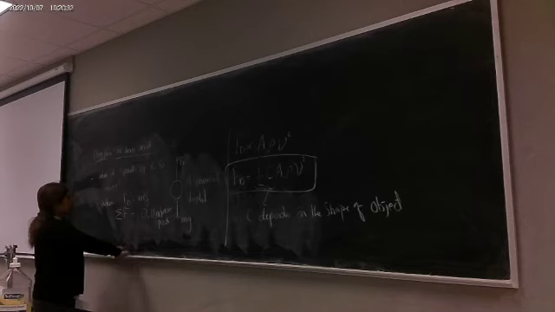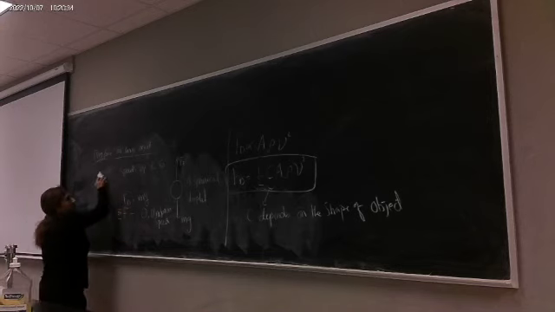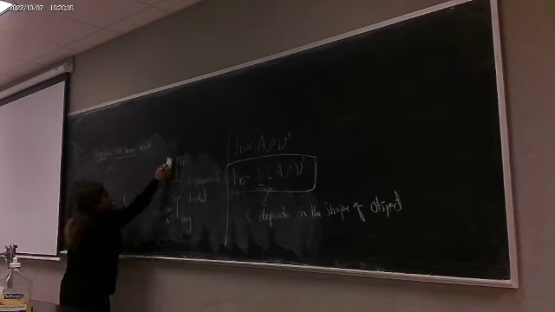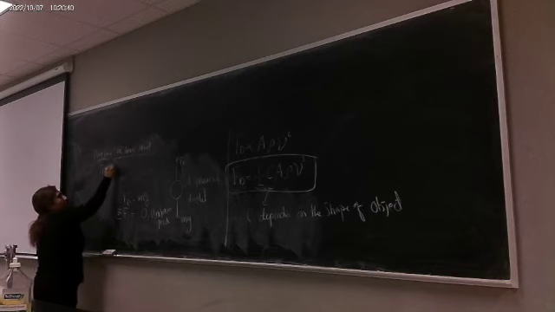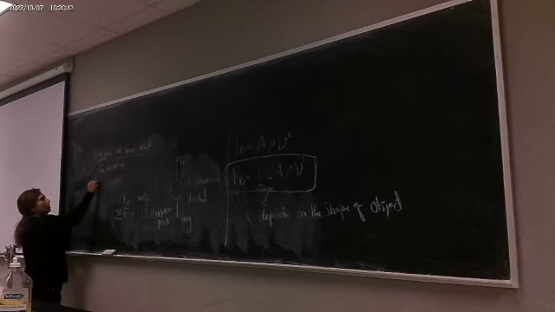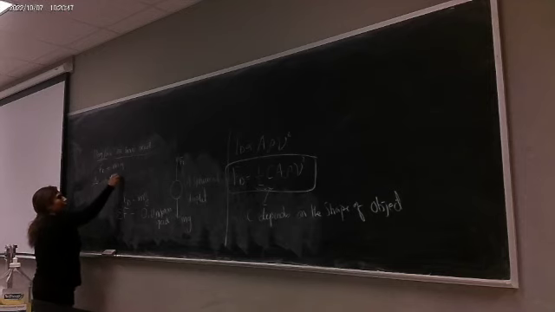So by using this equation, we can come up with an equation: half C rho A V squared equals mg.